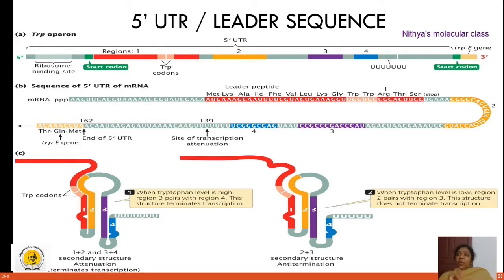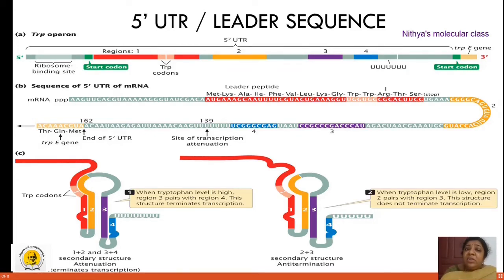Before that, some of the RNA polymerase, maybe before binding with the operator region, may already be moving. Afterwards, sometimes this operator region is blocked. So the RNA polymerase might have reached region 1, and the nucleotides before the trp operon may be transcribing.